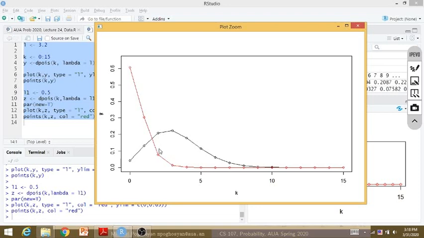The probability that we will have 2 is high, we will have 4 events is high, and that is tending to 0 when k is tending to infinity. And if k is decreasing to 0, the probabilities are decreasing too. Okay, you can try running this example, drawing PMFs and comparing them for different values of lambda.